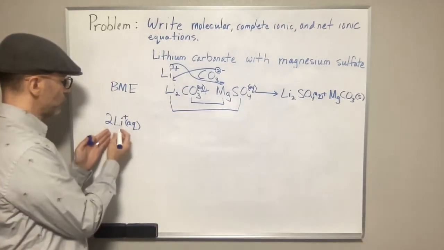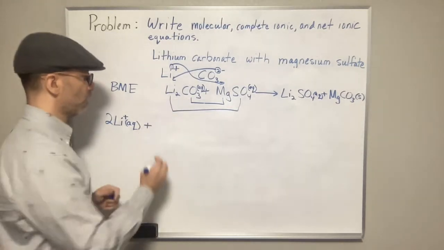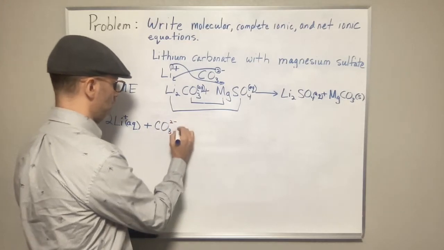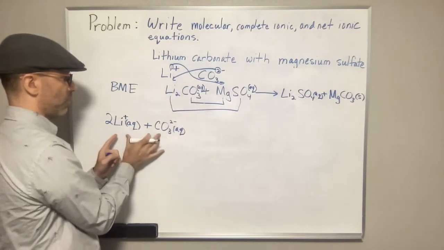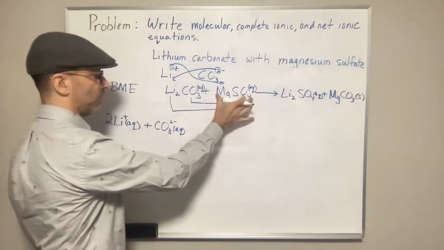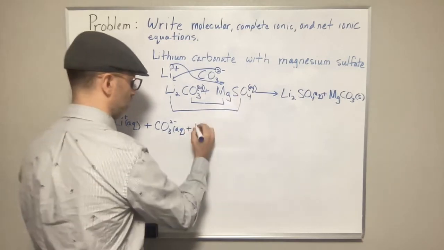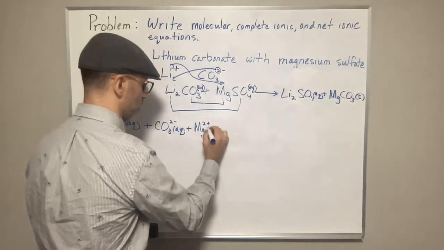So we have 2 Li+ aqueous plus your carbonate. We have 1 carbonate, CO3 2- aqueous. So that's this part here. Now we're going to do the same thing for the magnesium sulfate. So plus 1 magnesium, Mg 2+ aqueous.